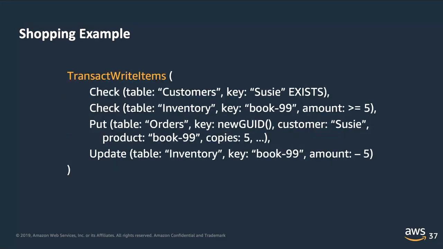So you do a transact write item, check the customer, let's say Susie exists, inventory, the number of books that you have is greater than 5. Then you do a put on the orders table and update the inventory by reducing the number of books from whatever you have by 5, right?